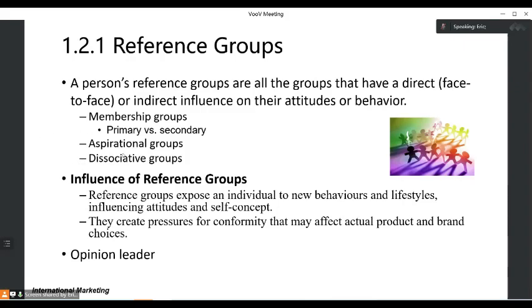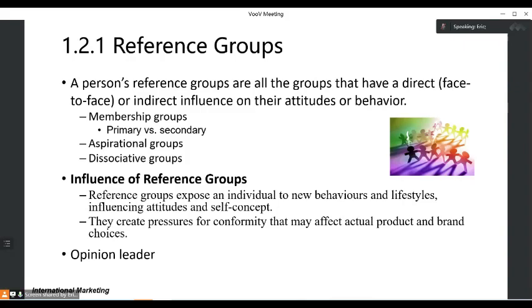When we discuss the reference group, in contrast, there are dissociative groups. With this group, we want to quit them, we want to leave them, we do not connect with this group.